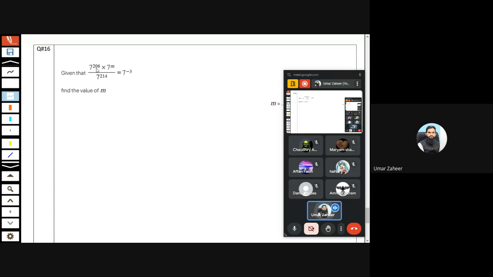Okay, so we have 7s with the same base. Since they are multiplying, we have to add the powers, and 7 raised to power 214 is dividing, so we have to subtract it.